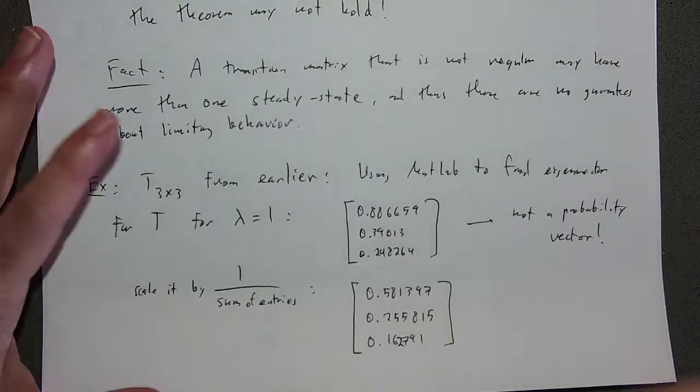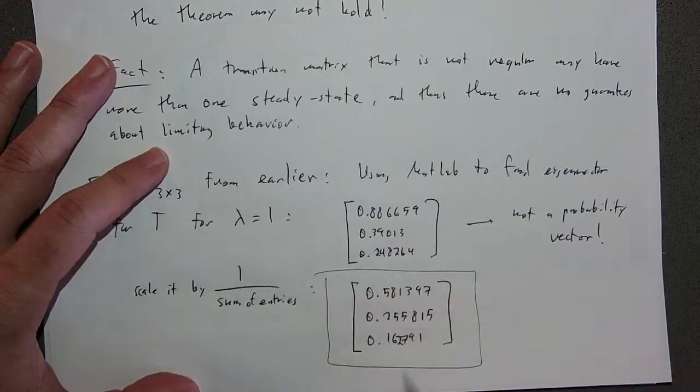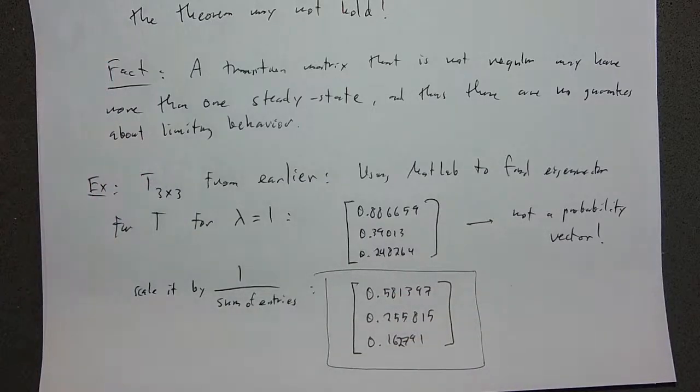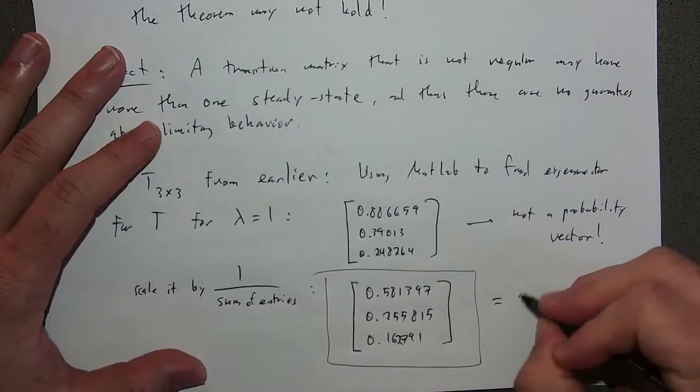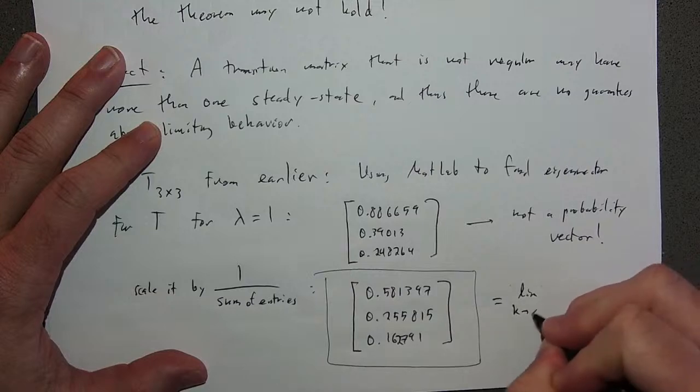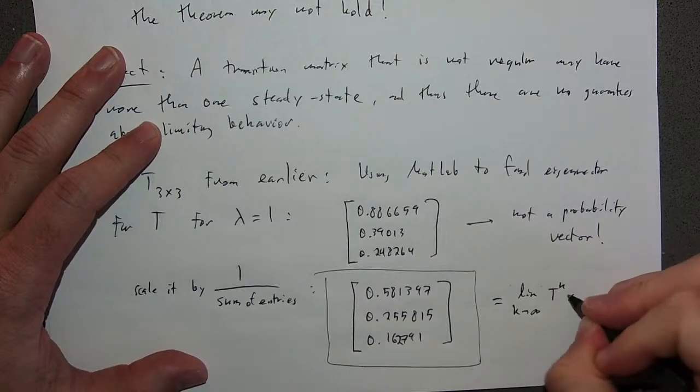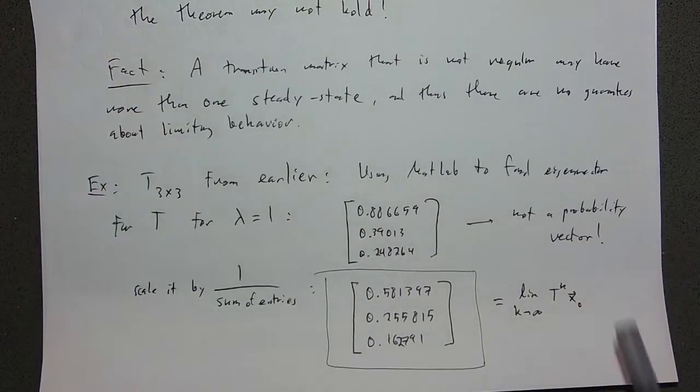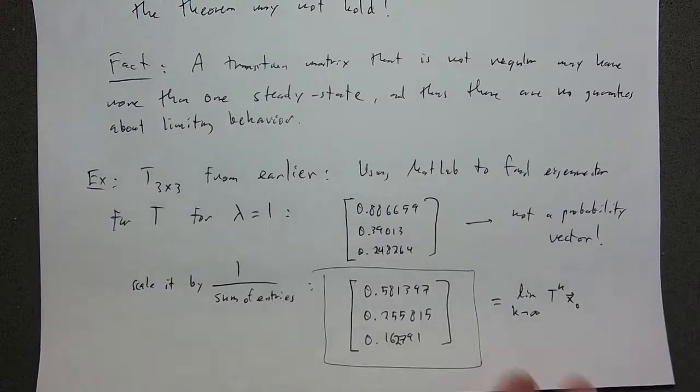Now, this is our unique steady state vector for this problem, which means that this is the limit as k goes to infinity of T to the k times any initial data vector x naught whatsoever, so long as it's a probability vector. So then what does this tell me in the context of the problem that I am interested in?